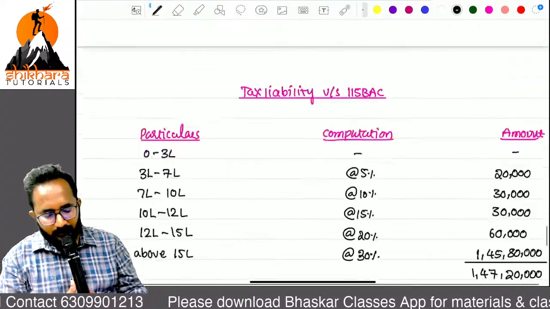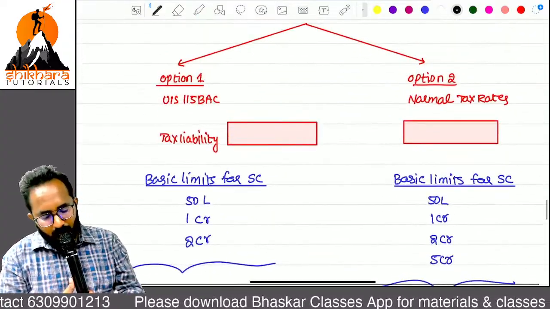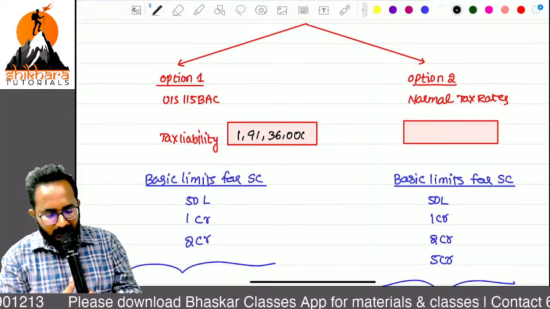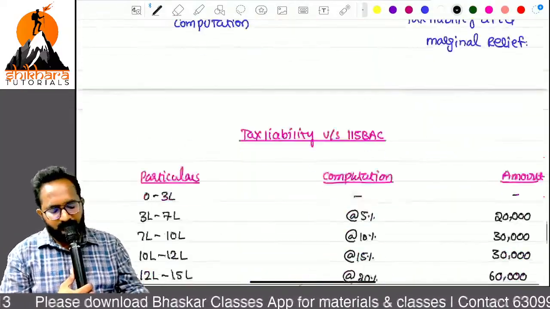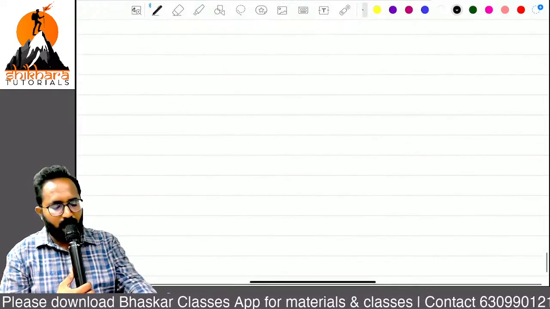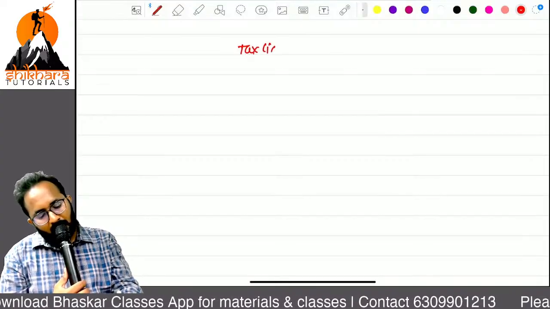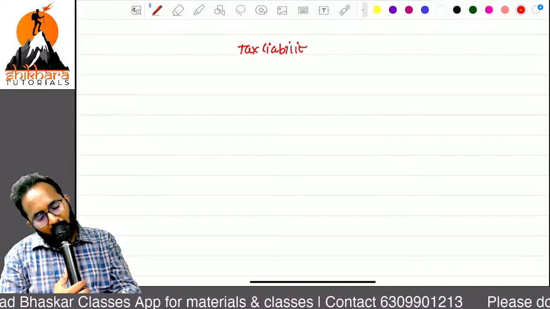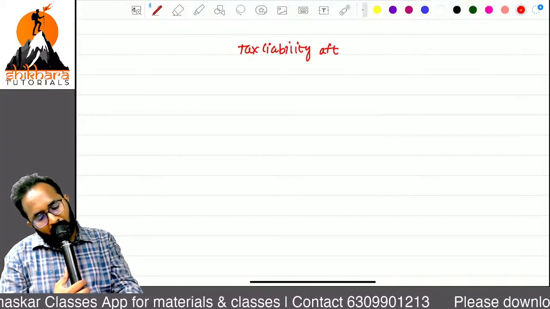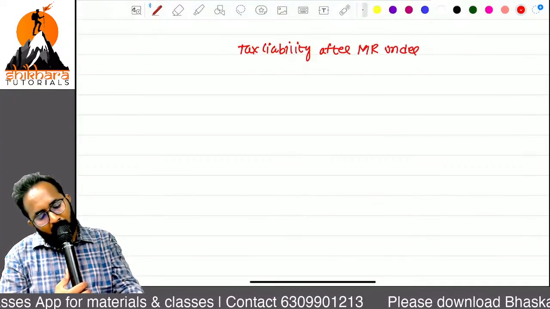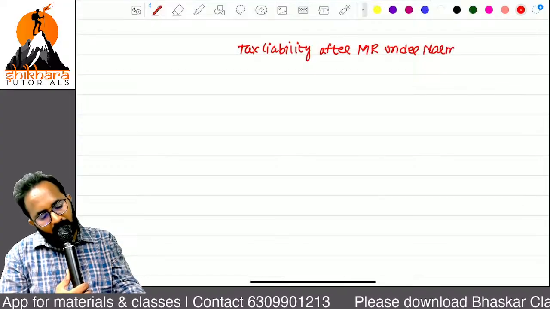So we can substitute here 1 crore 91 lakh 36,000. I will give you homework: tax liability after marginal relief under normal tax rates.